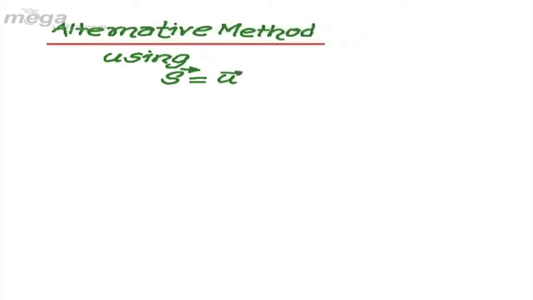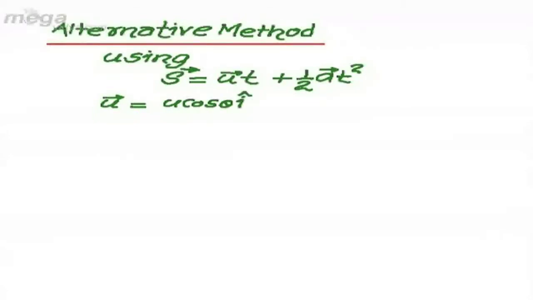ut plus half at square, and for this projectile we can say u vector is equal to u cos theta i cap plus u sin theta j cap.